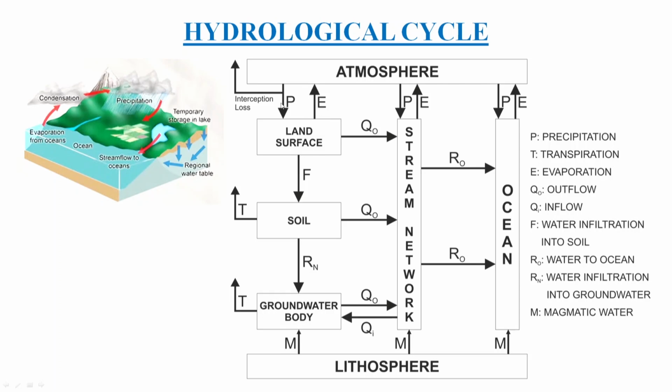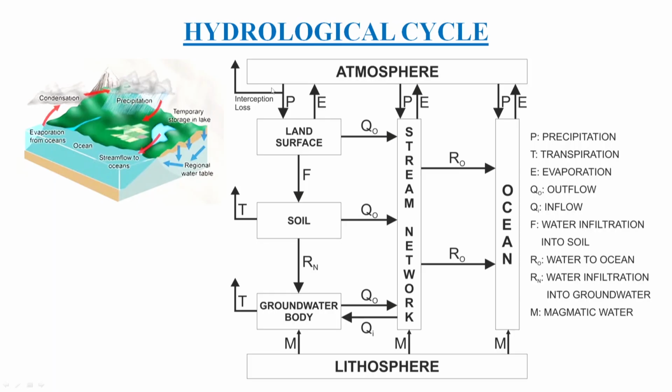There is some interception loss during the precipitation when your rainfall is getting trapped within the tree leaves. That is also known as the interception water or loss, because transpiration will take place directly from the leaves of that water.